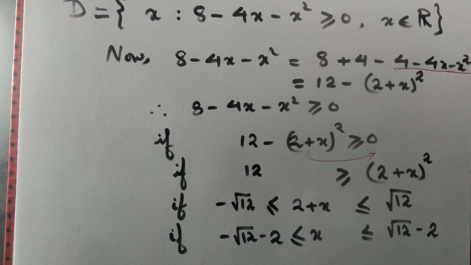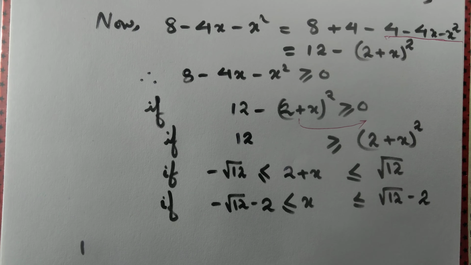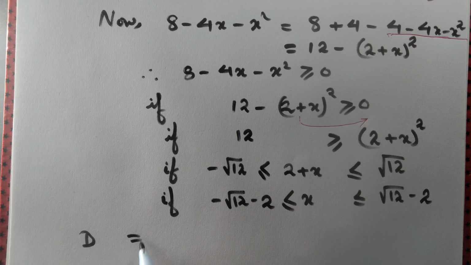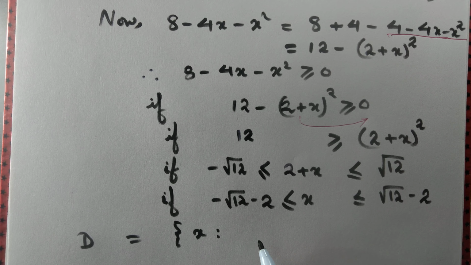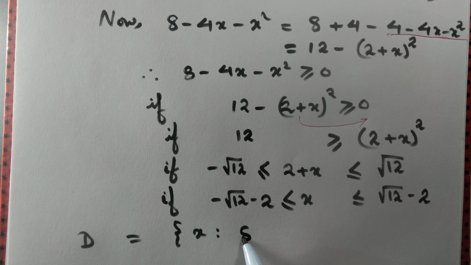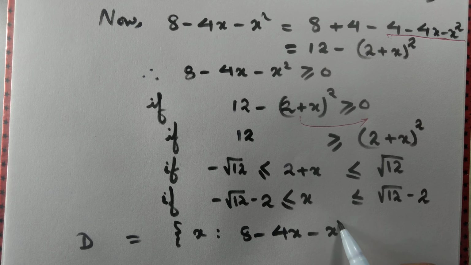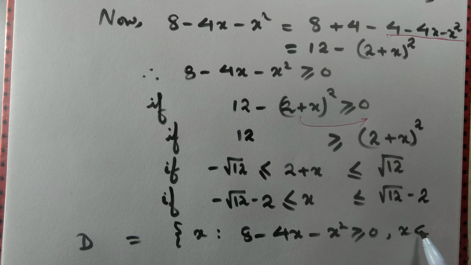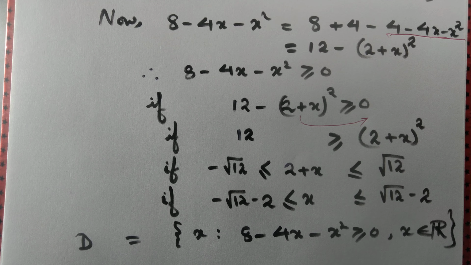So we have determined domain equal to x such that 8 minus 4x minus x square is greater than or equal to 0 and x is a real number.